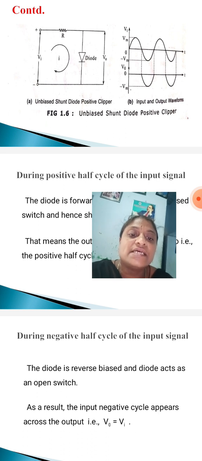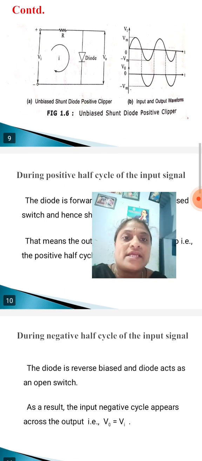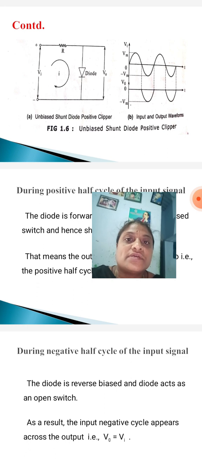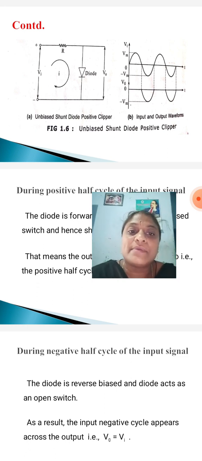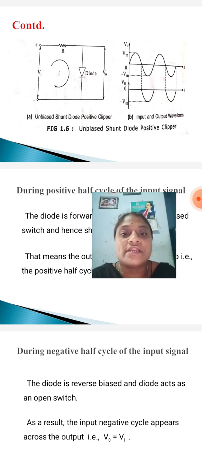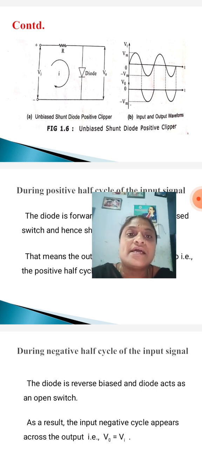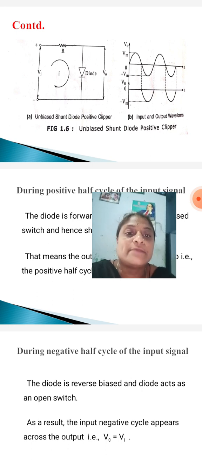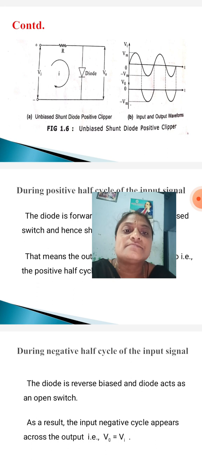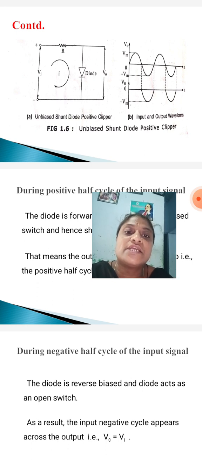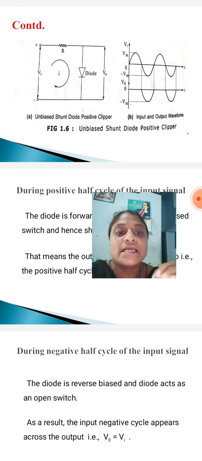As a result, the input negative cycle appears across the output. This is nothing but the unbiased shunt diode positive clipper. With this topic, the unbiased series diode and unbiased shunt diode positive clippers are completed.